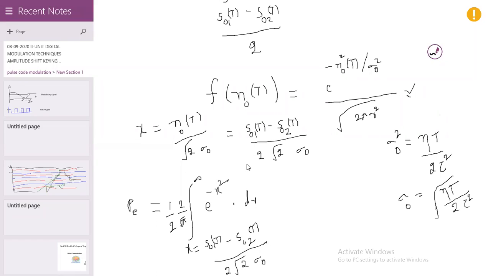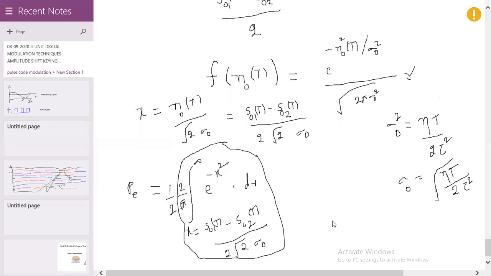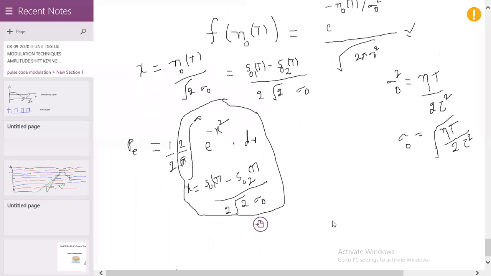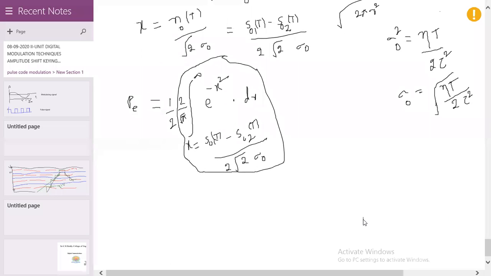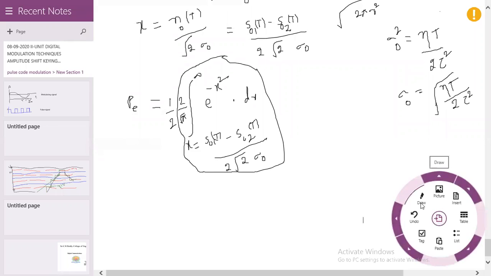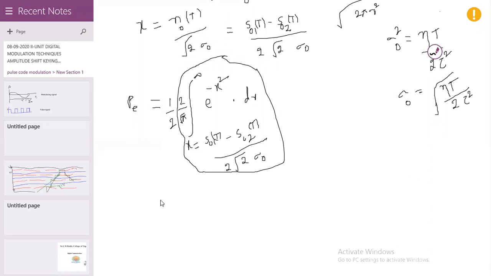This is the standard equation. Yesterday, in the previous class, I already told that this is equal to the standard equation, that is the error function, the complementary error function, that is equal to 1/2 ERFC of x.